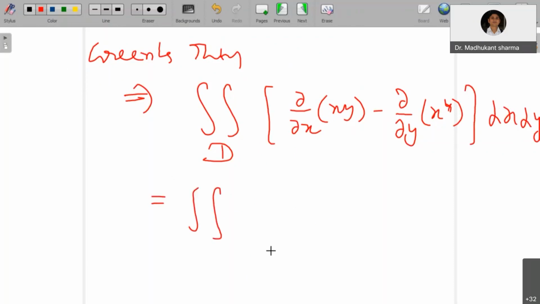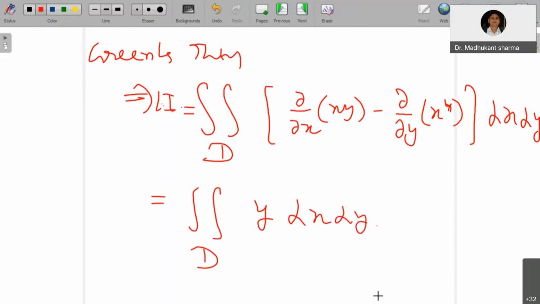So the partial derivative with respect to x gives y, and the other term is 0: double integral over D of y dx dy.